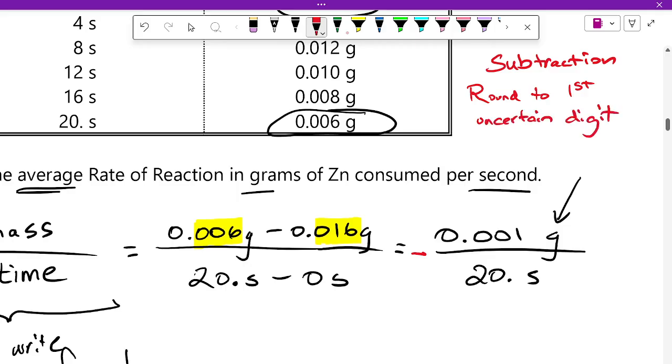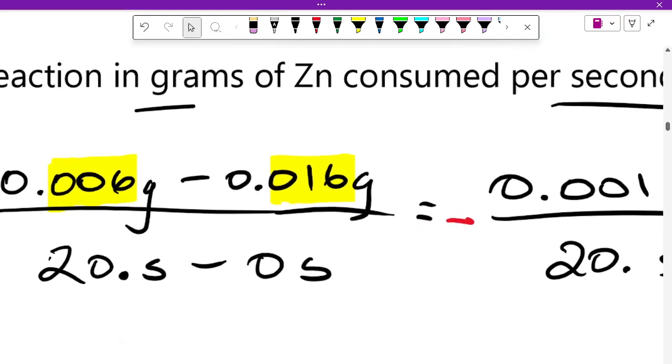So where is our uncertain digit in 0.006? The 6. So that is in the 0.001 position, yes, the thousandths position. In 0.016, what position is our uncertain digit? 0.001.